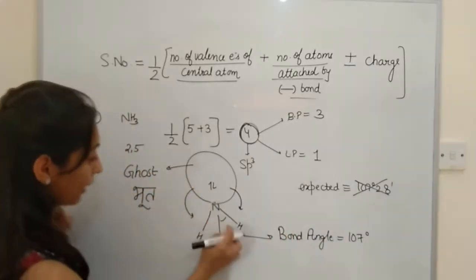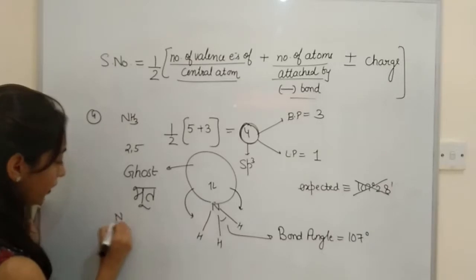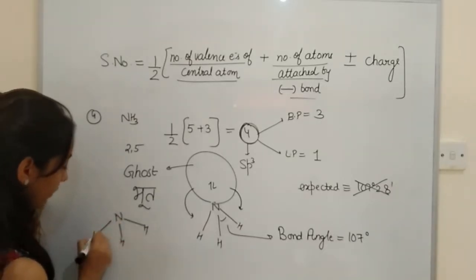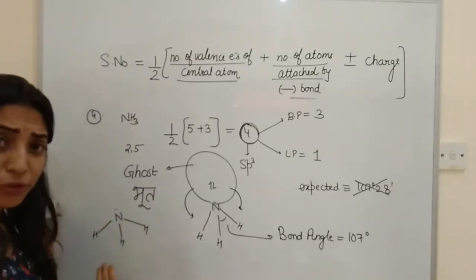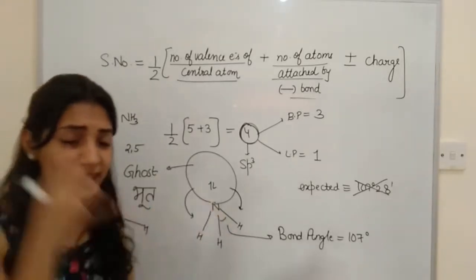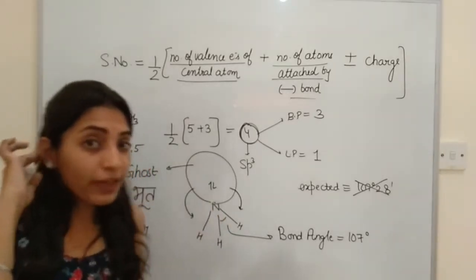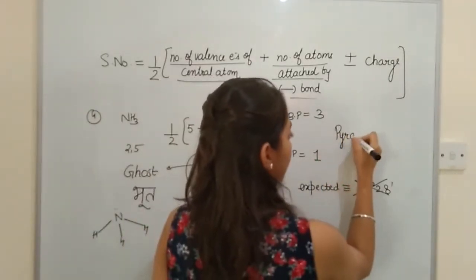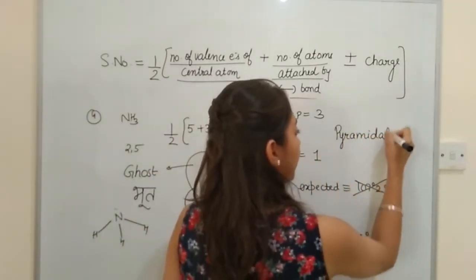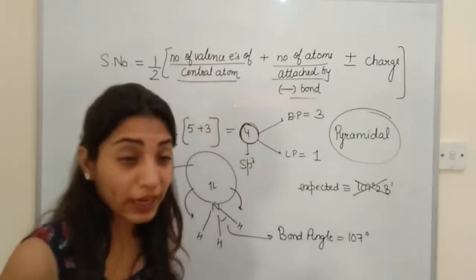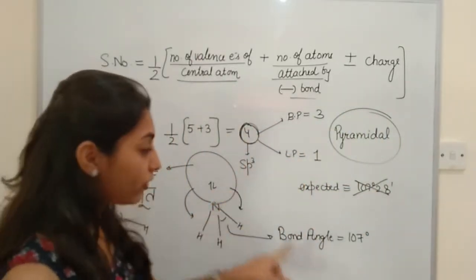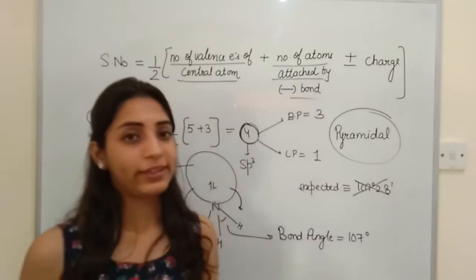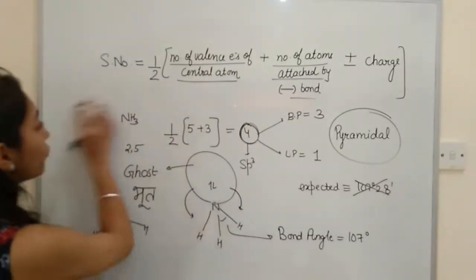You will just be able to see this nitrogen and 3 hydrogens, right? Don't you think this shape is kind of pyramid? Yes, I'm talking about the same Egypt's pyramid. So this shape is known as pyramidal. Okay, so the shape of ammonia molecule is pyramidal, hybridization is sp3, bond angle is 107. Done? Let us move to the next question.